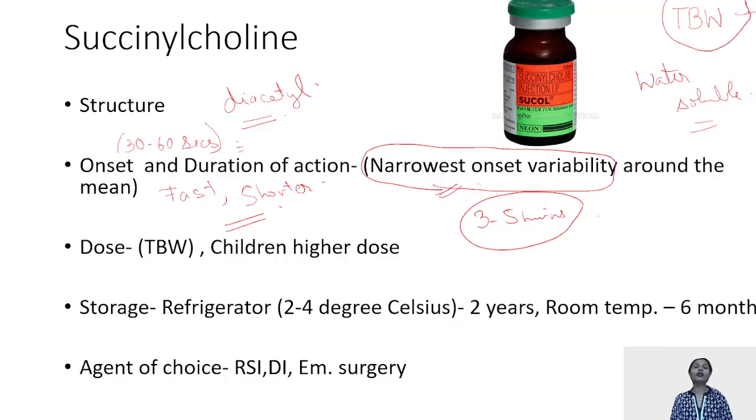Generally, most of the anesthetic drugs these days are given by ideal body weight, but scolin always has to be given using your total body weight, at around 1.5 to 2 mg per kg, with children having a little higher dose because of the increase in the volume of distribution in children, and the BMR is also high in comparison to adults.